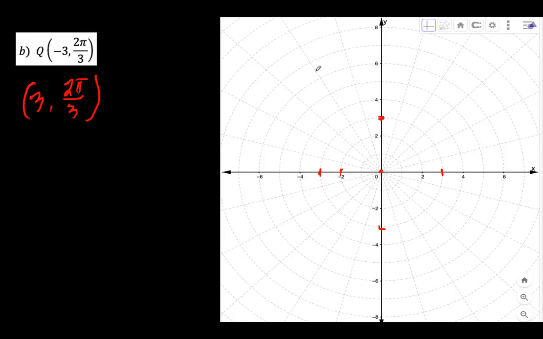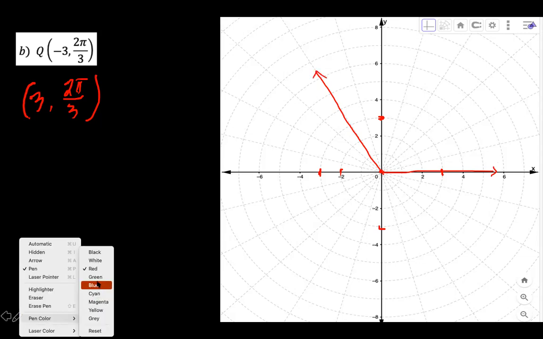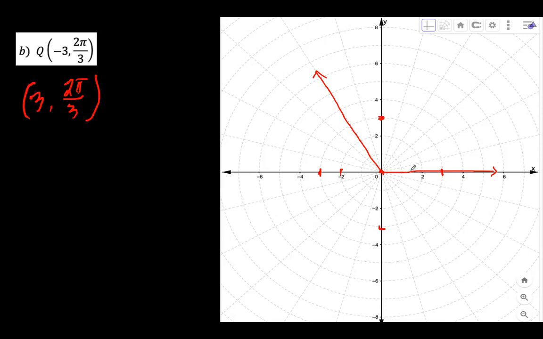So 30 is here. This is 120. This is the pole. And of course, this is the polar axis, and everything will start from the polar axis. All right, and let's identify that point. So this is our angle measure, which is 2 pi over 3.